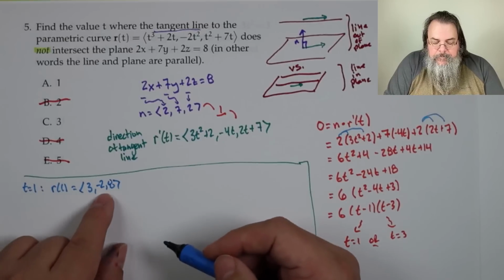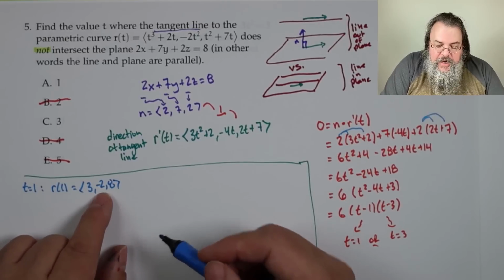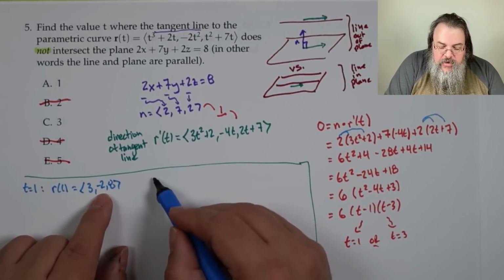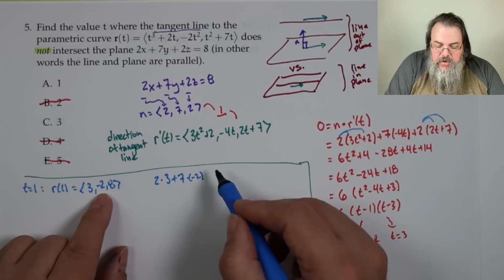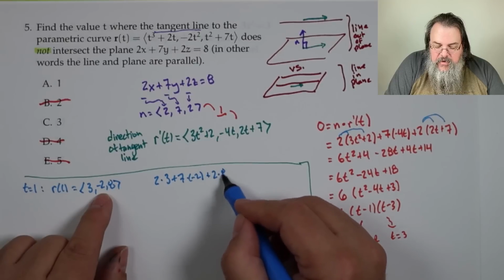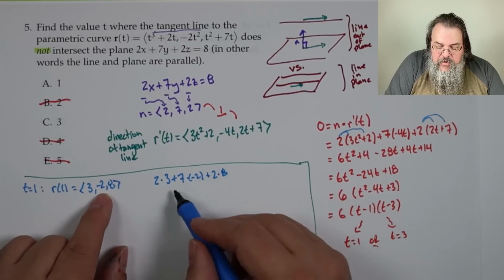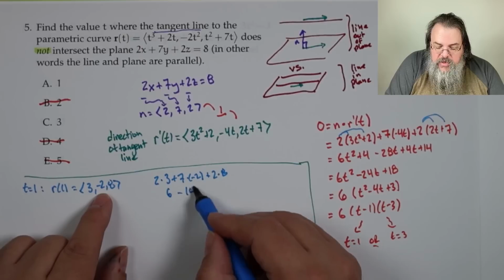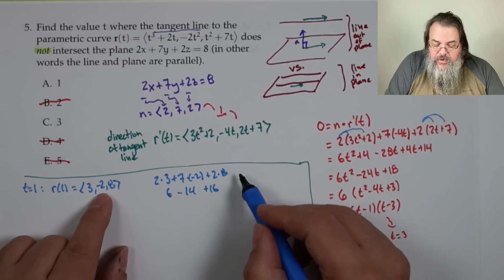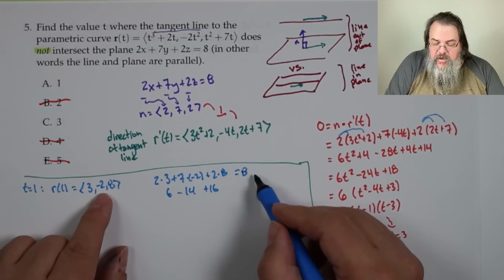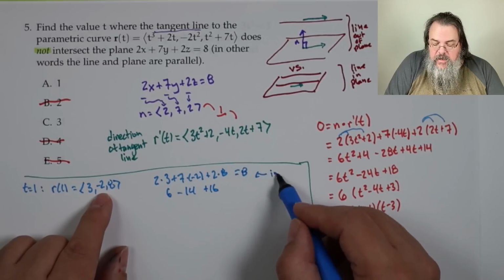Now, that's secretly a point, even though it's a vector. And now we're going to test it. 2 times 3 plus 7 times negative 2 plus 2 times 8. That's 6 minus 14 plus 16. That's 22 minus 14. That's 8. This is in the plane.